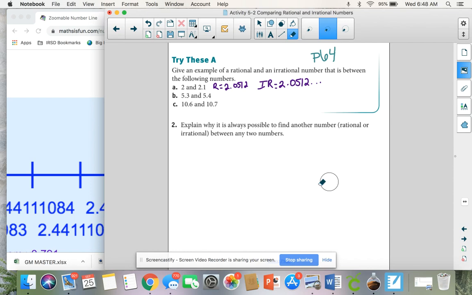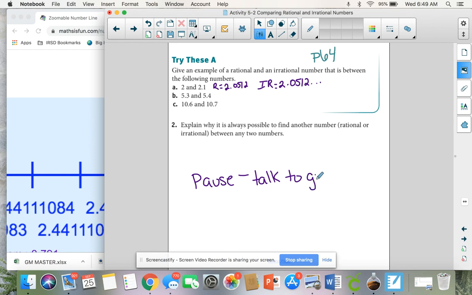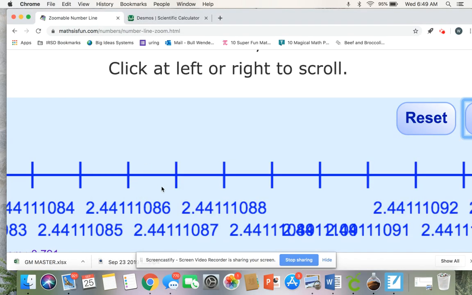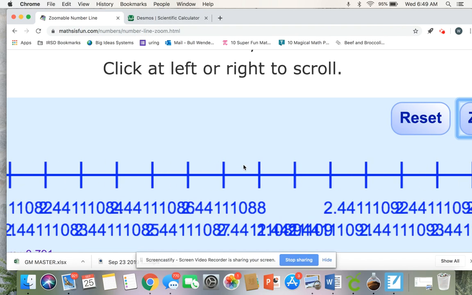So right now, I want you to pause the video and talk to your group and work through B and C. Then I want you to explain number 2. Explain why it is always possible to find another number between these. And I want you to think back to this number line.